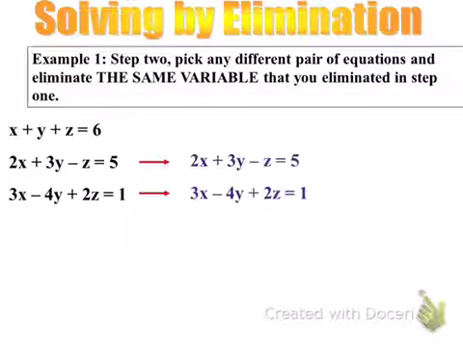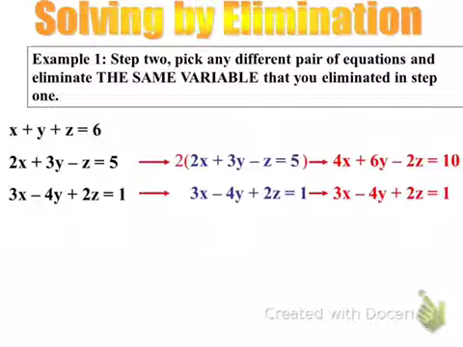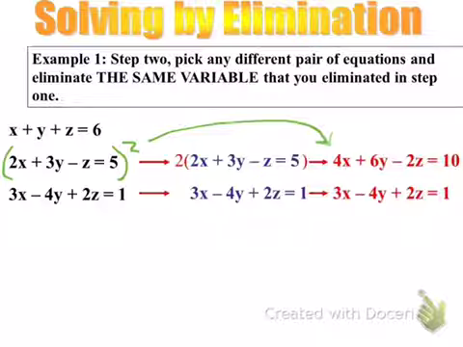So if we take the bottom two, and I multiply the second equation by 2, you don't have to show all these steps, you could just come over here and show this one step. Multiply this by 2, and that takes you to 4x plus 6y minus 2z equals 10.